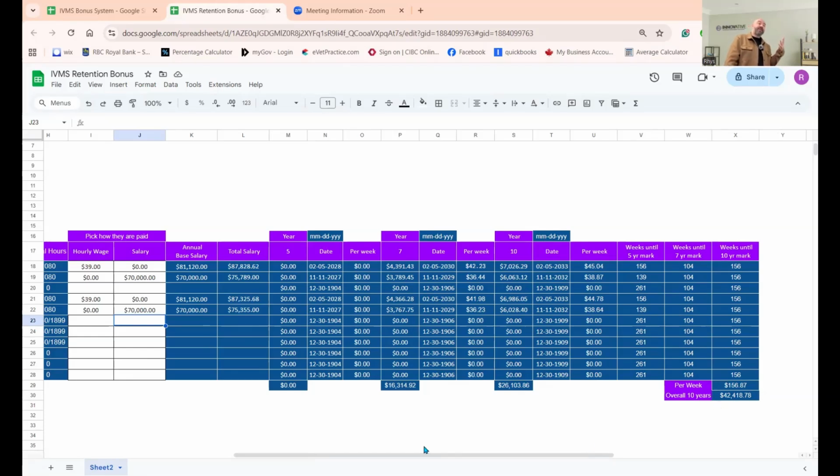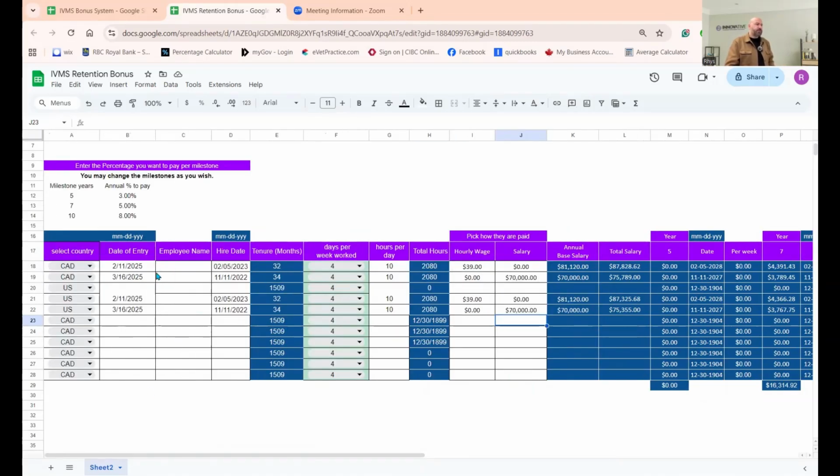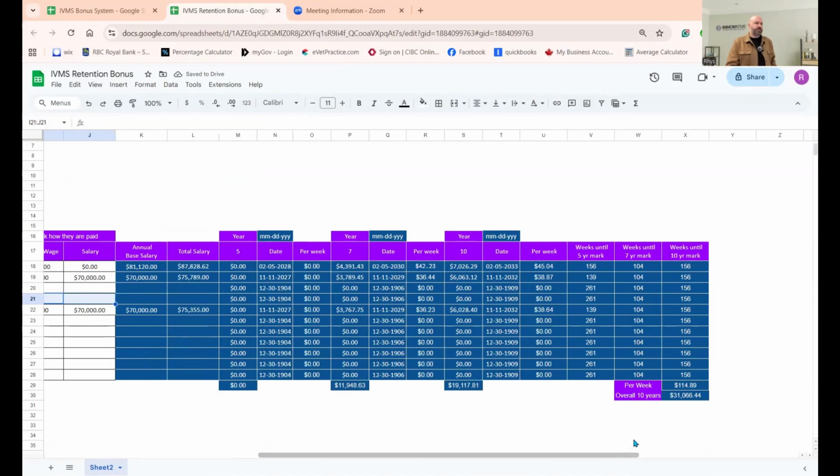But Reese, what happens if they leave? No problem. And you didn't get them the bonus? No dramas. You just have to take this out. This person left, right? Take that out. And therefore, this drops down to $114. What happens to the money that was left over?